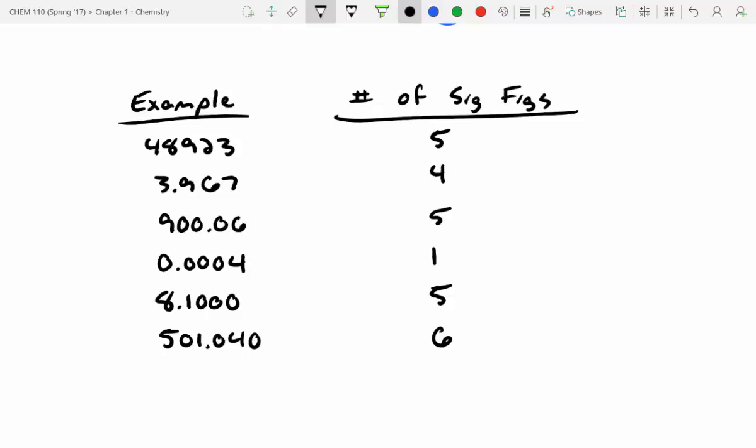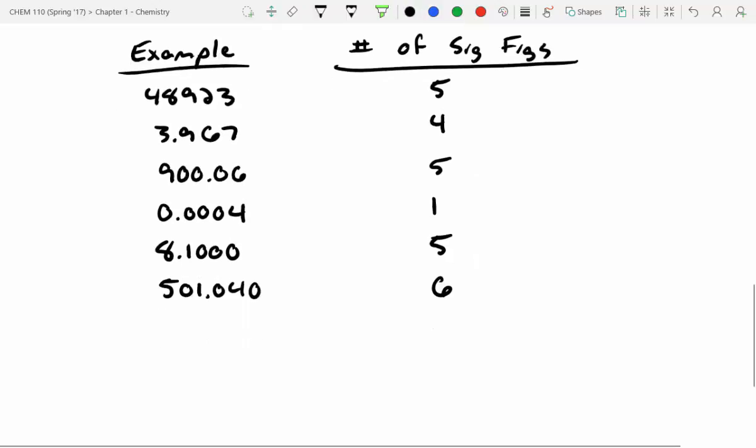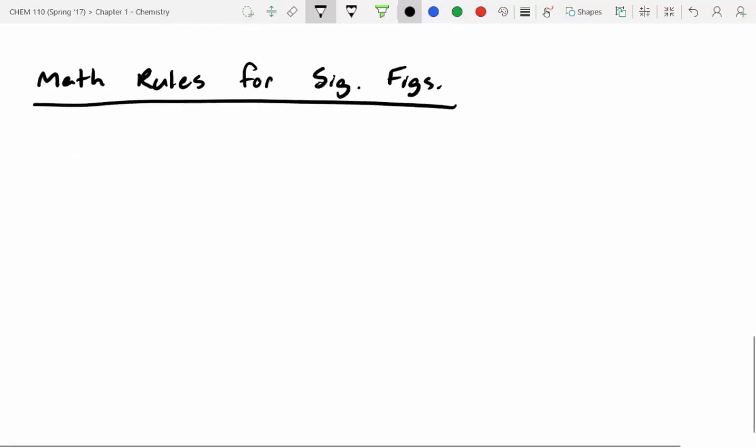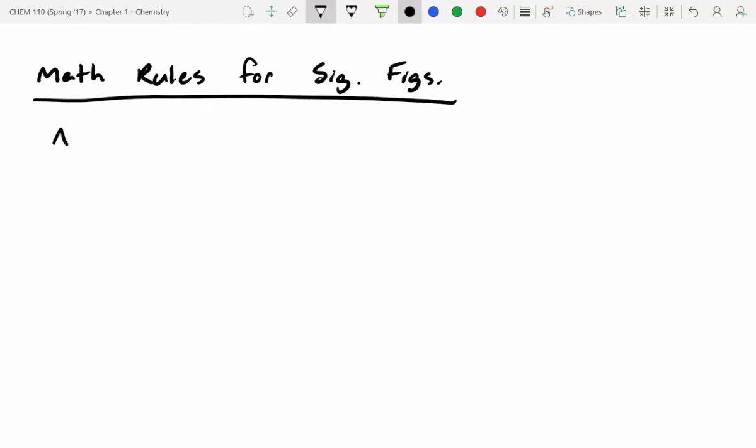Yeah. So let's take a look at some of the math rules when you're dealing with sig figs. And I'm just going to abbreviate this as sig figs. Okay. The first one is for addition or subtraction.